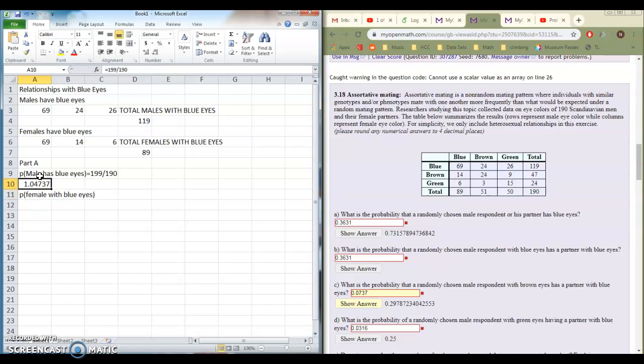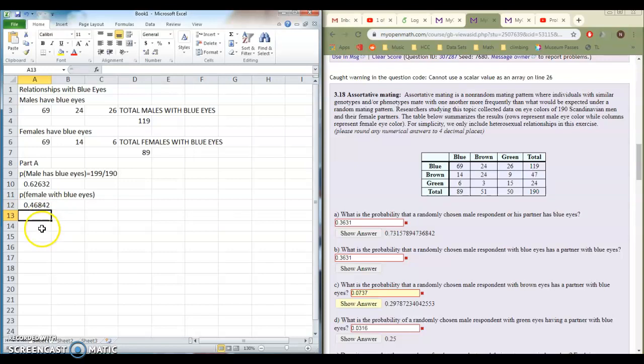Wait, no, this is wrong. I'm sorry, this is 119, not 199. There we go. The probability that we have a female with blue eyes is going to be equal to 89 divided by 190.